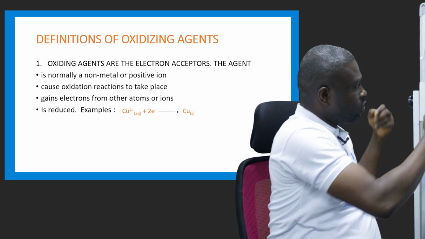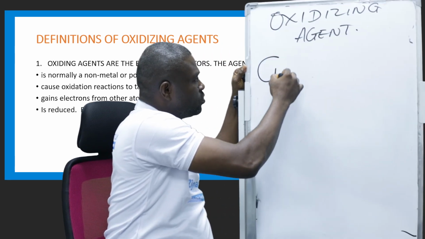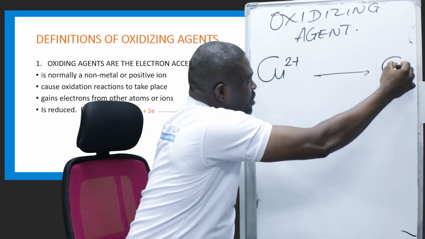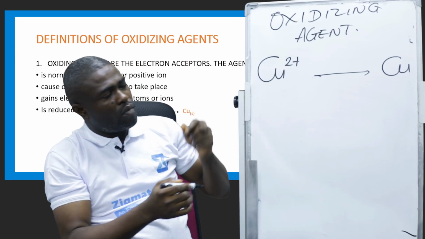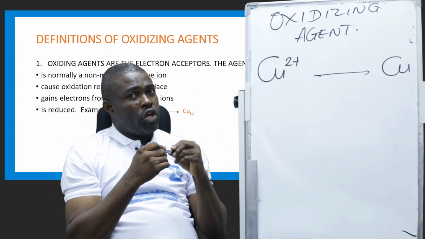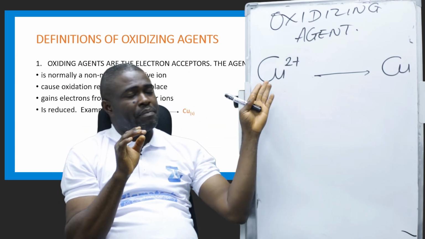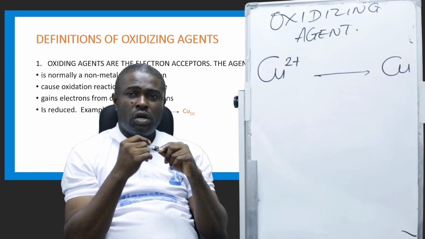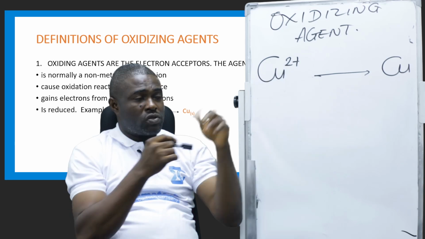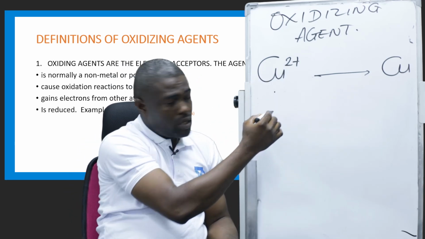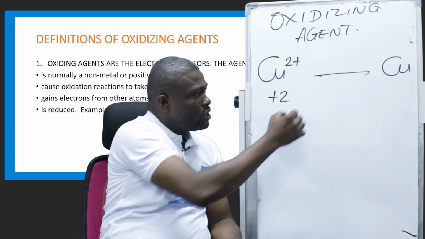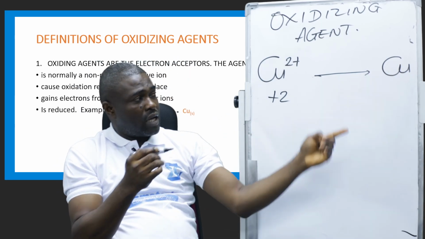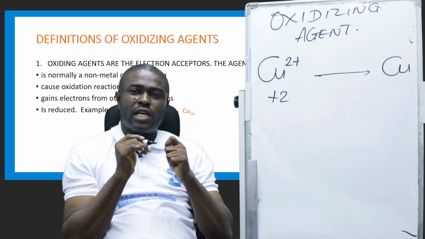Look at that reaction. I have Cu2+ moving to neutral copper, Cu. Look at it very well. You will observe that at my left-hand side, I have Cu2+. The oxidation number of copper there is +2. Now, what is the oxidation number of copper at my right-hand side, which carries no charge?